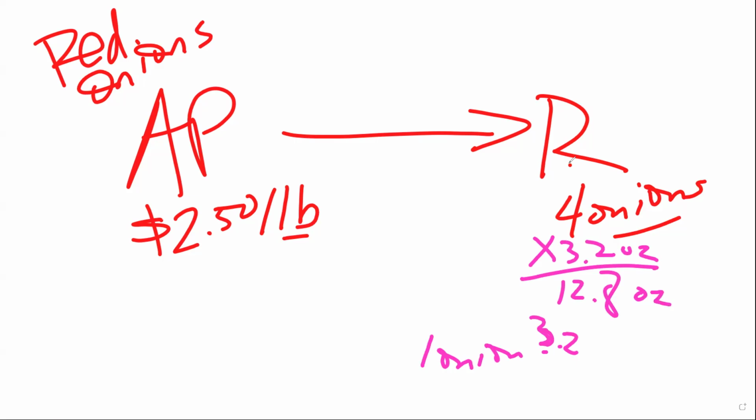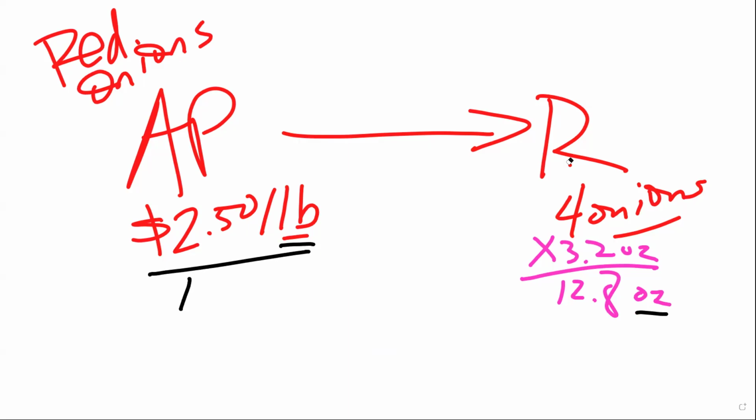Now, looking at this information, I can easily convert pounds and ounces. Do I convert this one to the cost per ounce, or do I convert this one, 12.8 ounces, to pounds? Which one would be easier? Right.